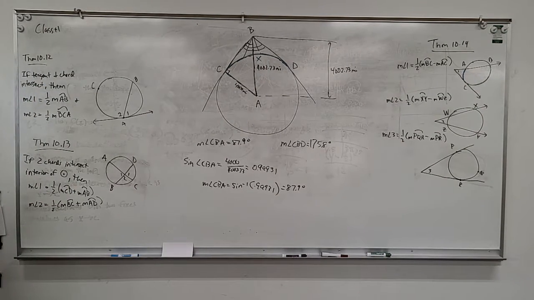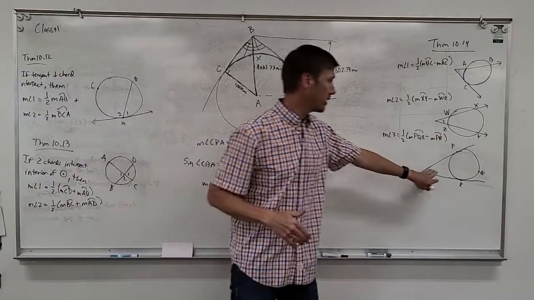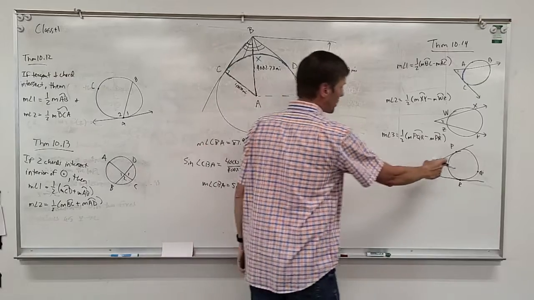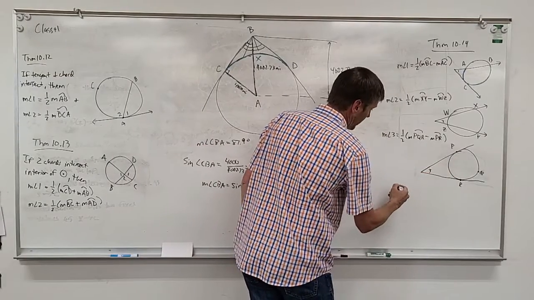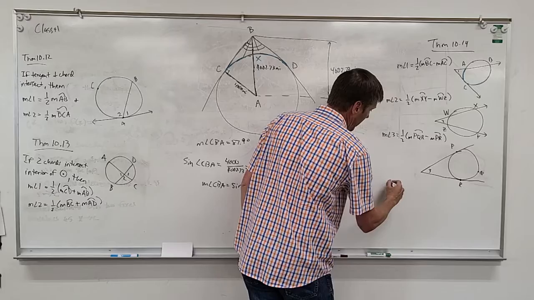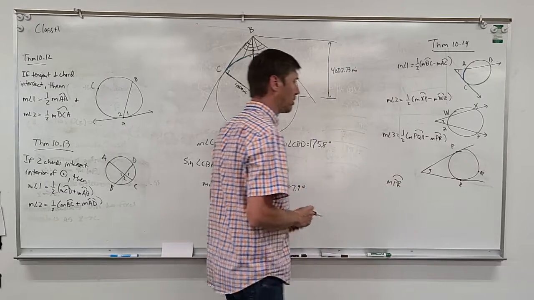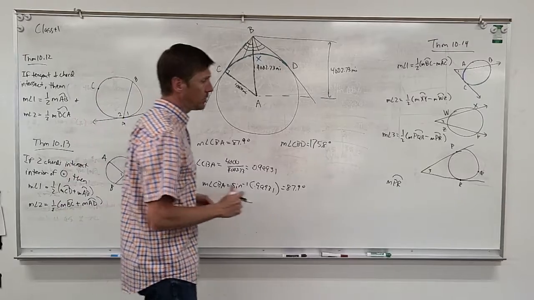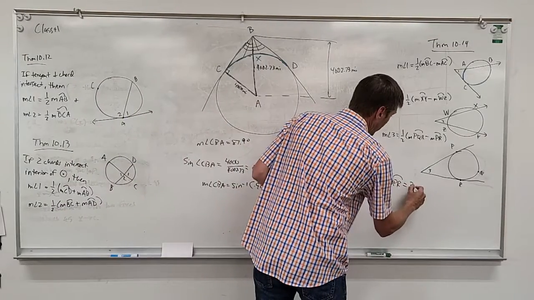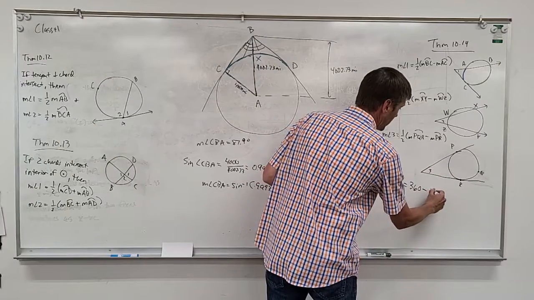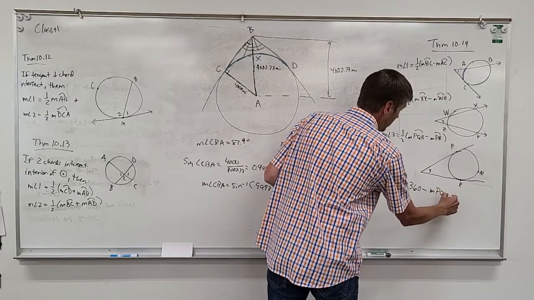You can only do this particular trick on the tangent problems, when you've got a line like this. Do you guys agree that if I'm looking at this problem right here, the measure of arc PR is going to be equal to 360 minus the measure of PQR?